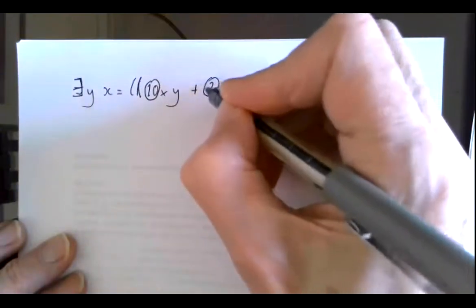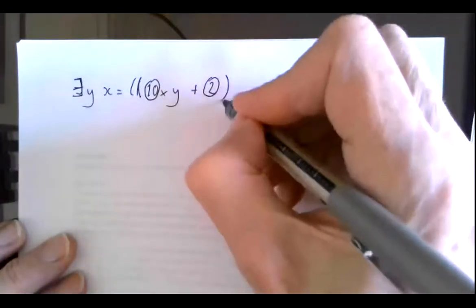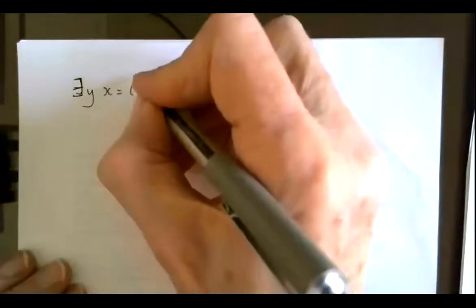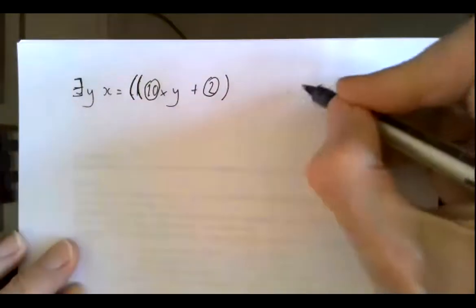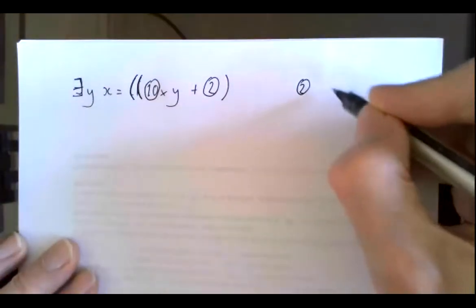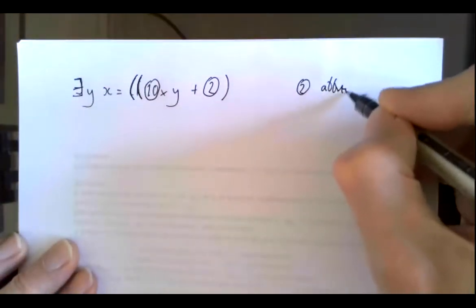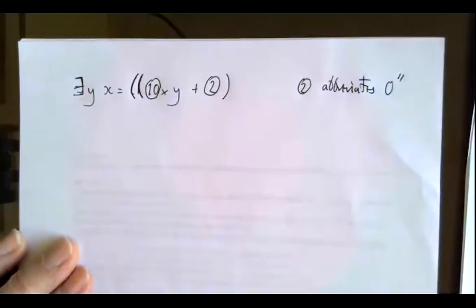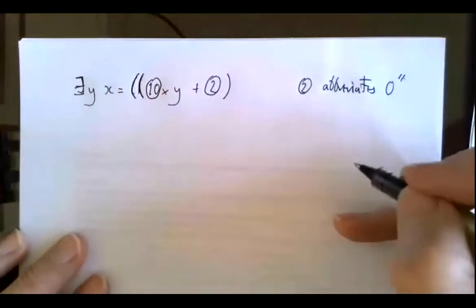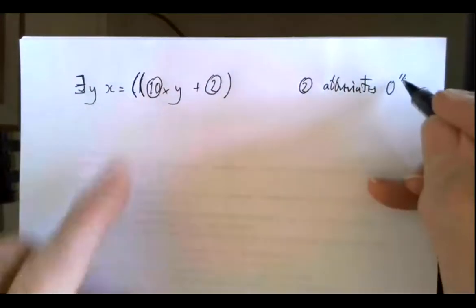Here's the numeral for 2. So this is a formula in our language here. So I'm writing 2 here. This is just an abbreviation for something with 2 primes in it. Up here, 2 dashes. And 10 would have 10 of these things.